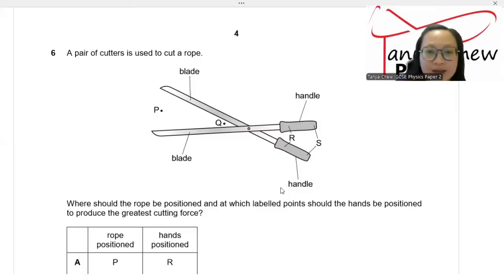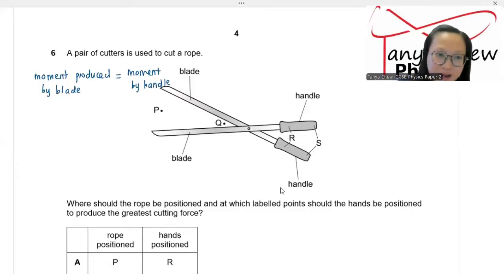So when you apply force here, when they ask you about distance, when they ask you about force, this is always about moment. The moment produced by the blade has to be equal to the moment by the handle.